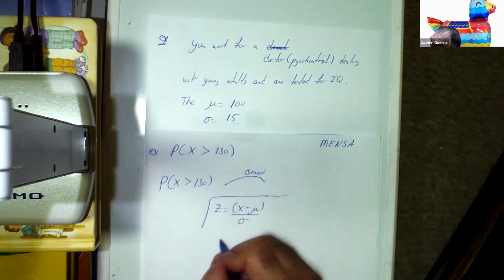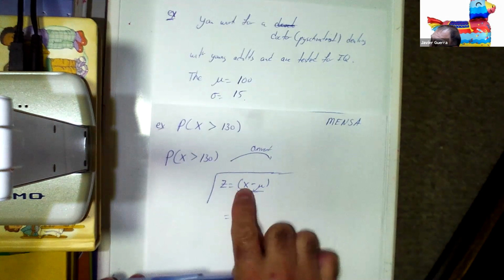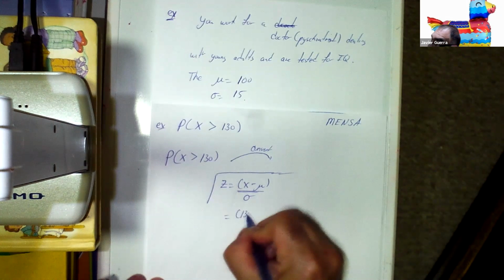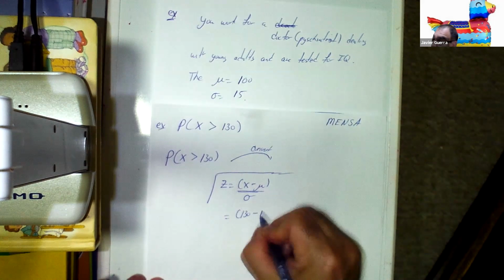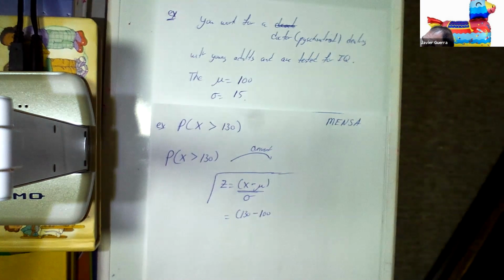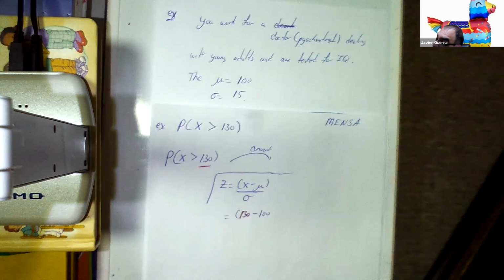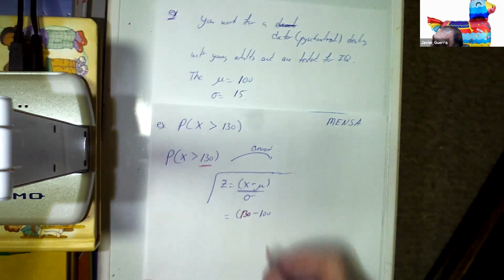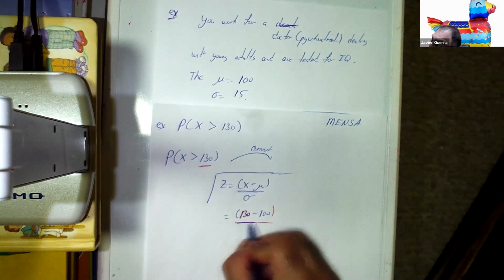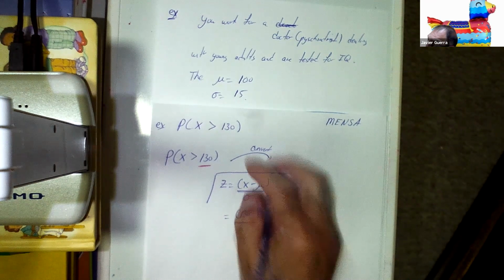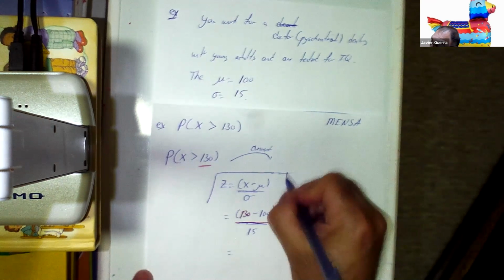And we plug them in. So there's my x. This is 130 minus my mu. My mu is 100. Divided by 15. All right, I'm gonna put that in my calculator.